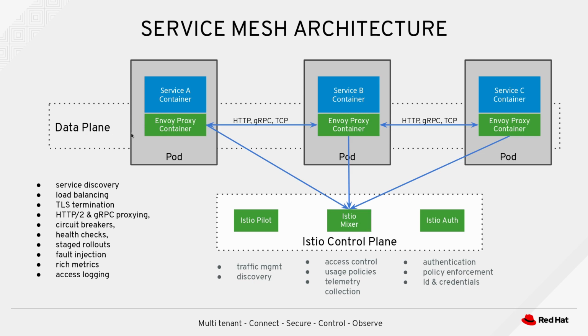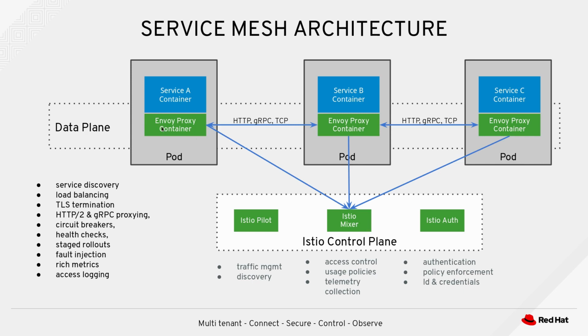So the way it works is that you will install into every service pod an additional sidecar container that will act as a local network proxy.